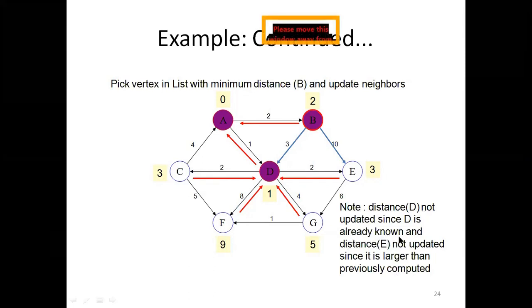D is already known and distance E is not updated. Distance D and distance E are not updated, since it is larger than the previously computed value. So from vertex A to vertex B, the cost is 2.